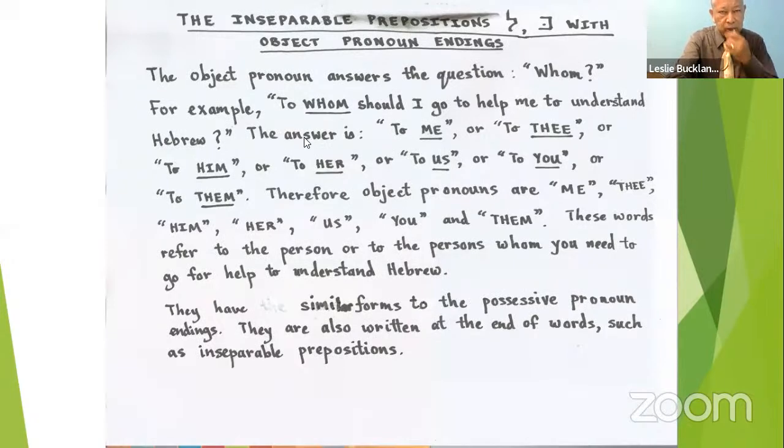Well, there are different possible answers. The answer is to me, or to thee. In modern English, we would say to you, or to him, or to her, or to us, or to you, or to them. Therefore, object pronouns are me, thee, him, her, us, you, them.